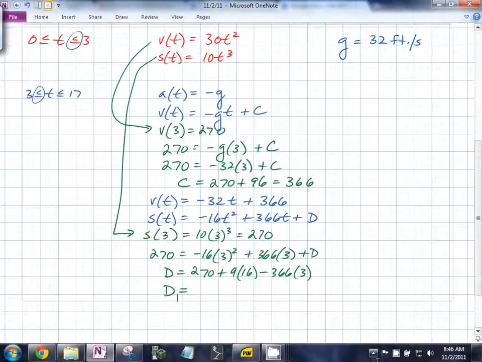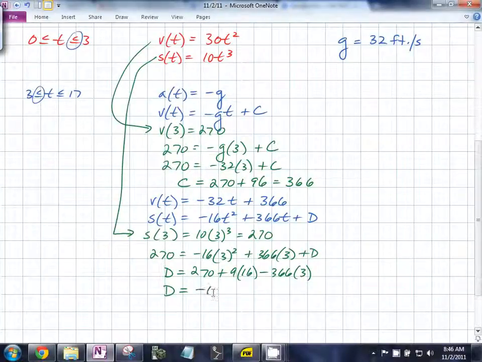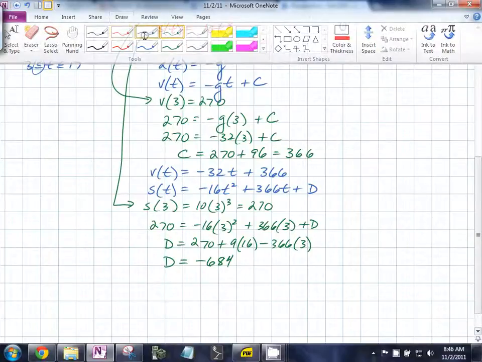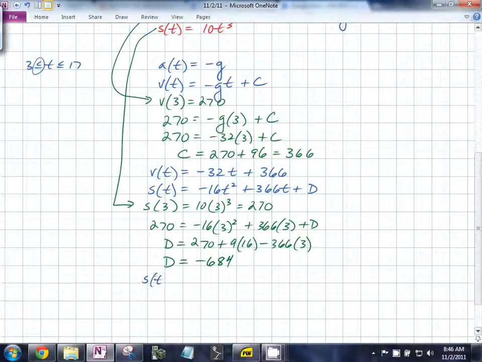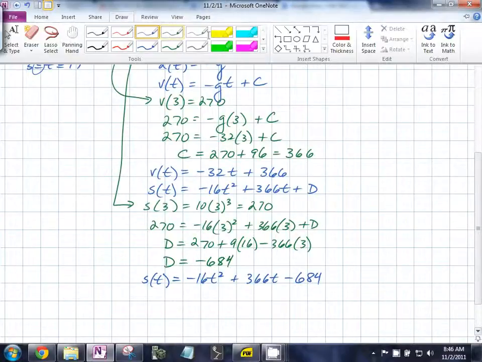Negative 684, is that correct? Yeah. So our s of t is negative 16t squared plus 366t minus 684.